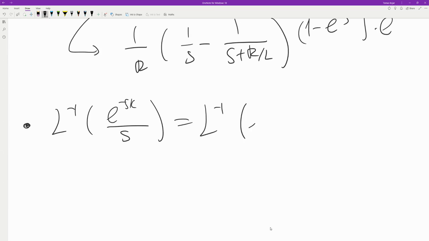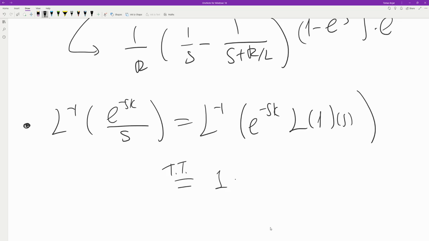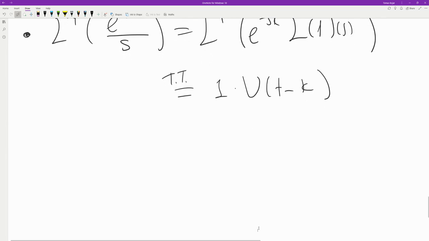So this is e to the minus sk times the Laplace of 1, and then use the translation theorem. So 1 times the step function u of t minus k. Let me do another term.